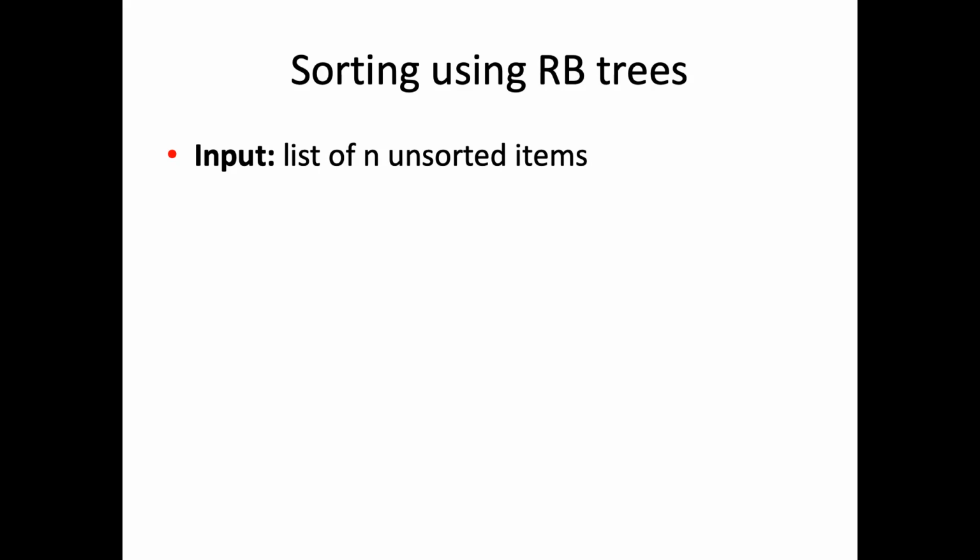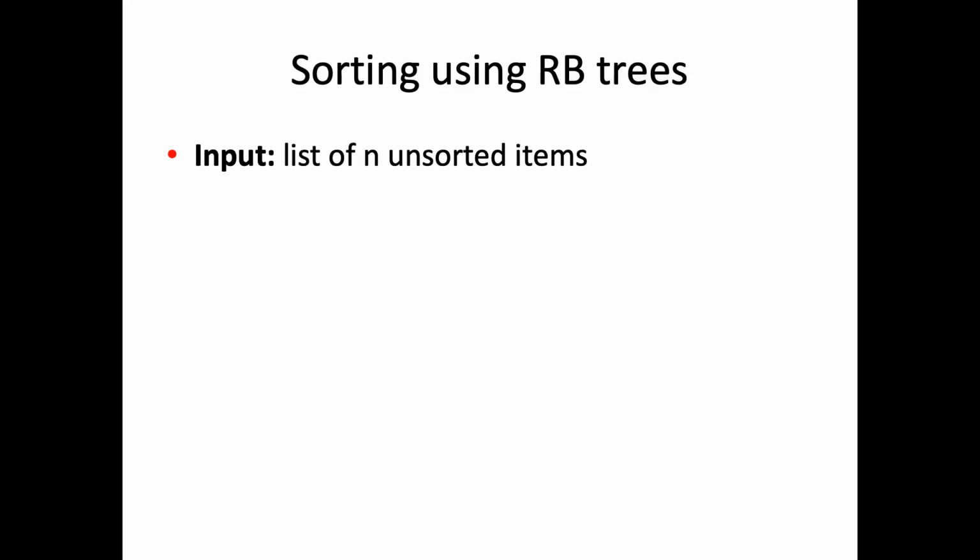My goal is to sort this list. Okay. I have n items. They're unsorted. I want to sort them. And I am given as a data structure a red black tree. You can use it as you please. Do whatever you want with it. And what that means is you have the three basic operations of the red black tree.